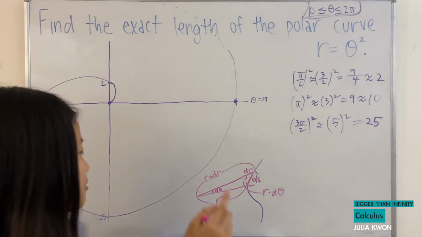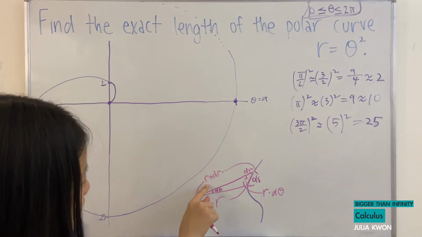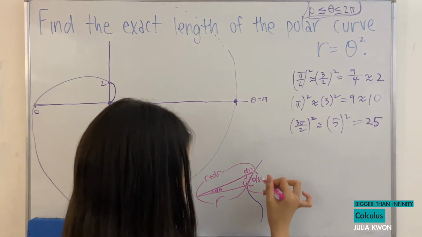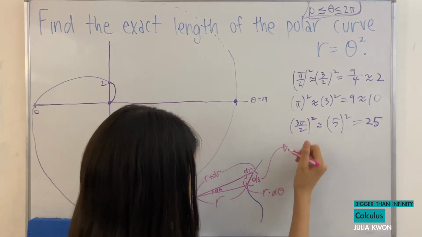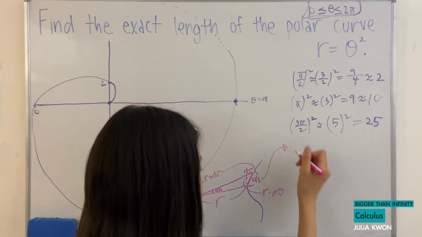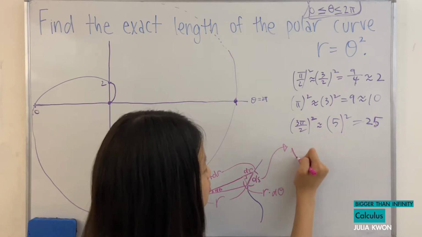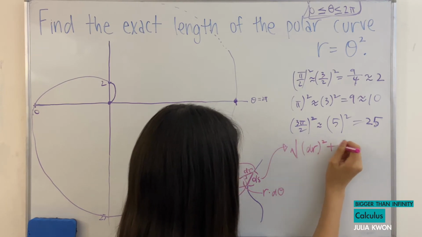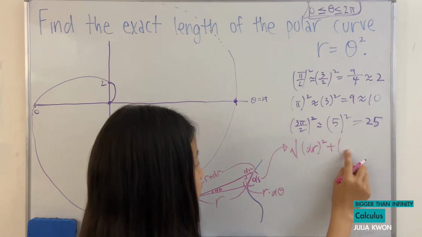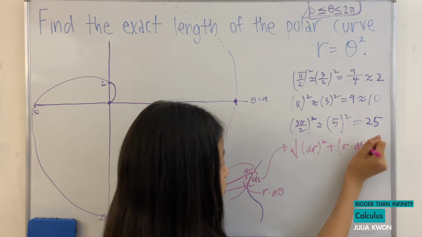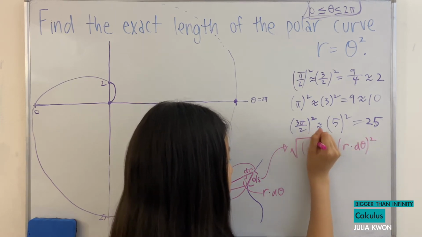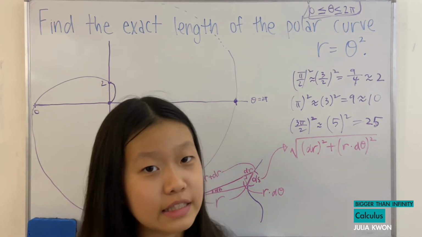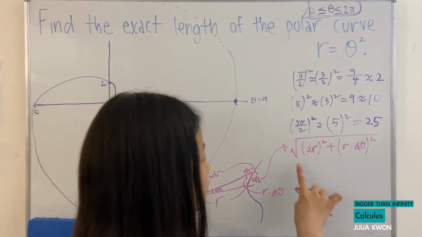I know that there wasn't really any point in pointing out that this whole length was r plus dr, but I was just saying. And so the length of ds by the Pythagorean theorem would be the square root of dr squared plus r multiplied by d theta, all of this squared. And then we're going to multiply and divide by d theta on here.